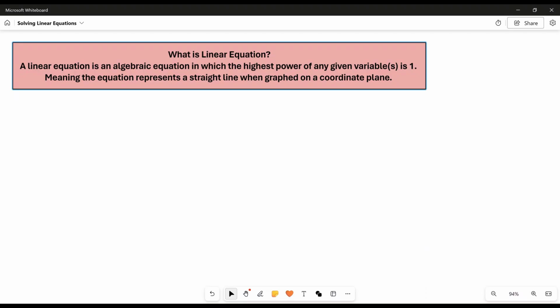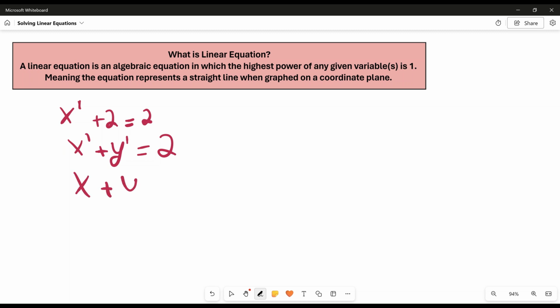What is a linear equation? A linear equation is an algebraic equation in which the highest power of any given variable or variables is 1. So let's say we have an equation that looks like this. It's always going to be to the power 1. You have x plus y equals 2. It's always going to be to the power 1. You have x plus y plus z.